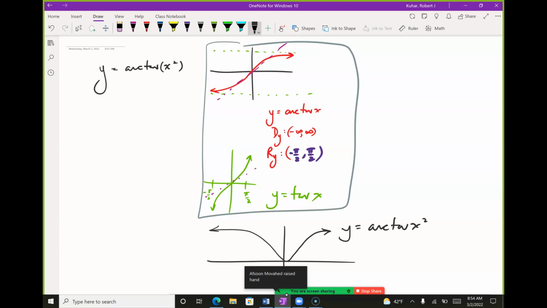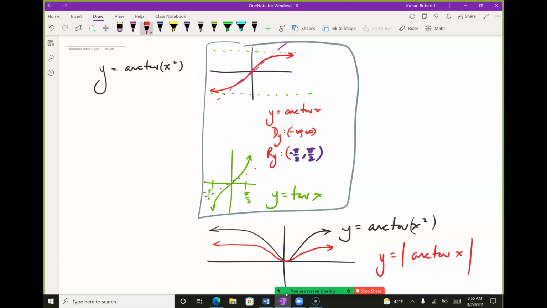Just out of curiosity, what would arctan x squared, but with the absolute value of that, look like in the graph? If I took the absolute value of arctan, it would just be a little bit lower. So if I did y equals absolute value of arctan of x, right?